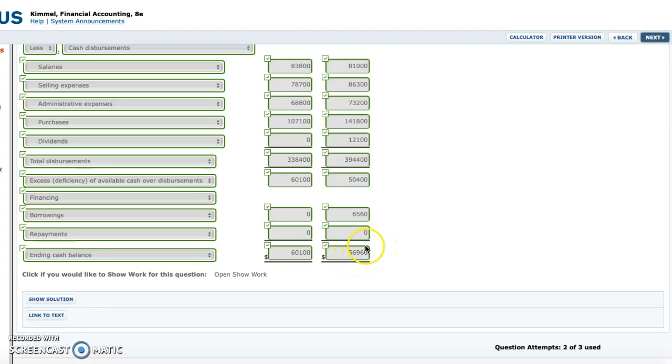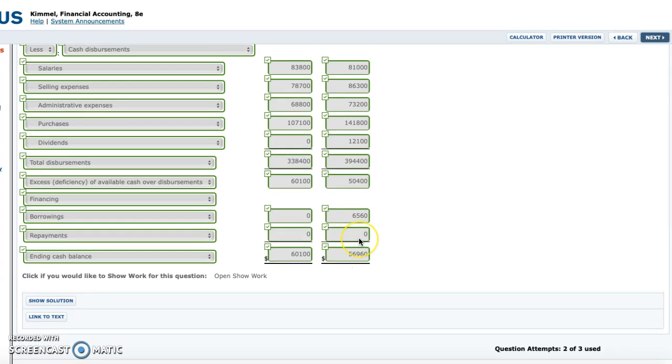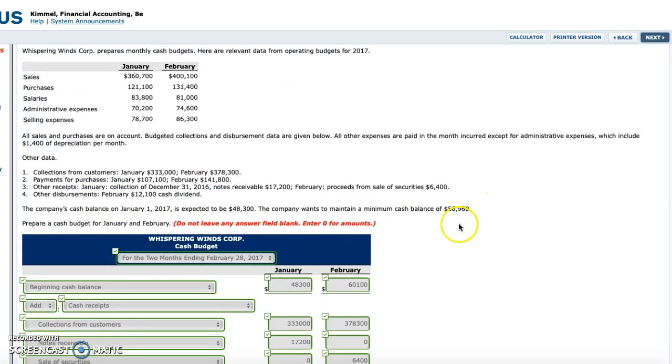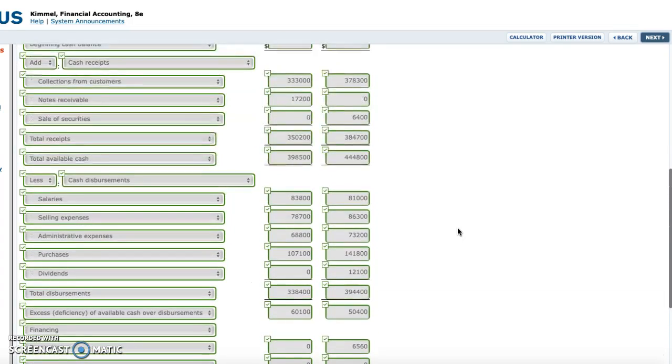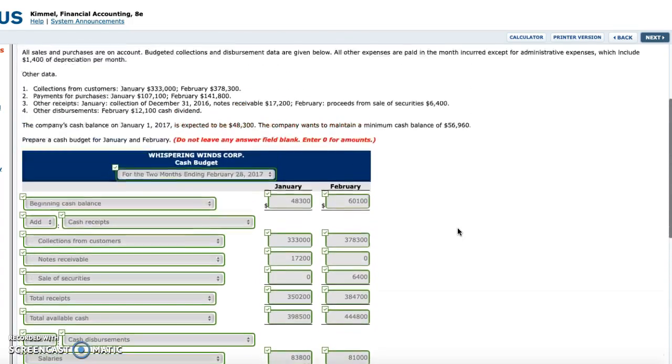The best way, at least for me, to get this number for what we need to borrow is to look at where we want to be and where we're at. I subtracted this number from this number to get this number here. So this is how much money we need to borrow to add to this number to get to where the company wants to be, which is here. This is the goal.